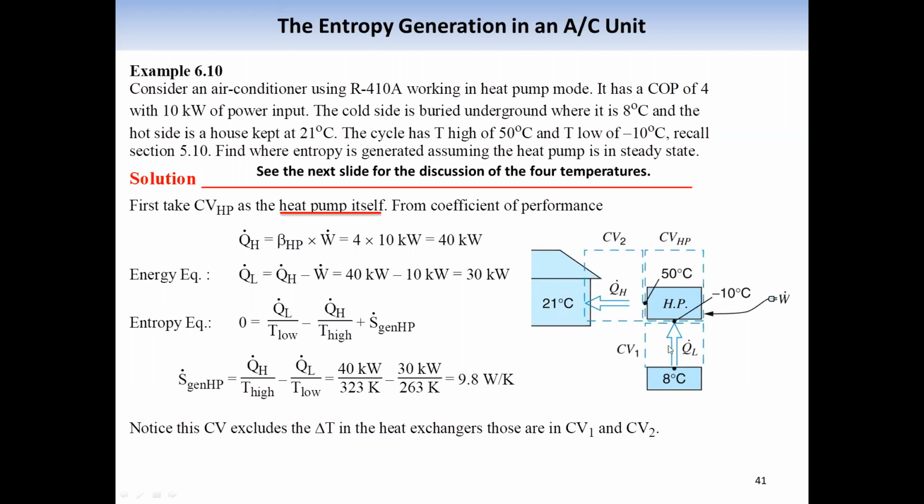The heat pump involves two heat transfer terms and one entropy generation term. Substitute what we are given. We are given these heat transfer quantities. Let's see, 10 kilowatts of power input, that's the work, and the COP of the heat pump is 4.